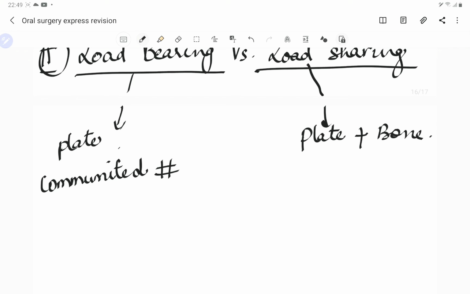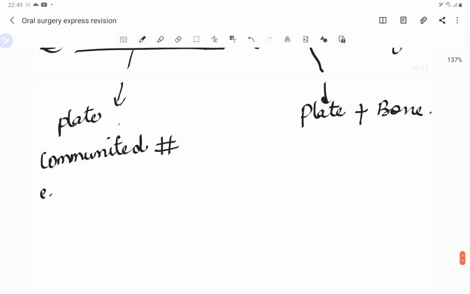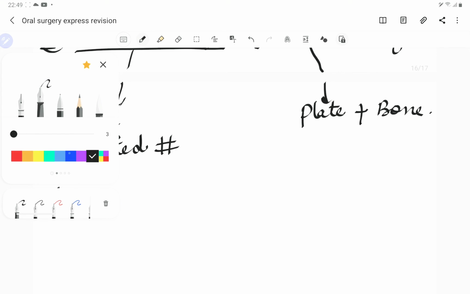Where there is very little bone interface, either due to atrophy or due to fracture, such that we do not want the fracture fragments to take up the load, we go for load bearing devices. The most common example of a load bearing device is our mandibular reconstruction bone plate.